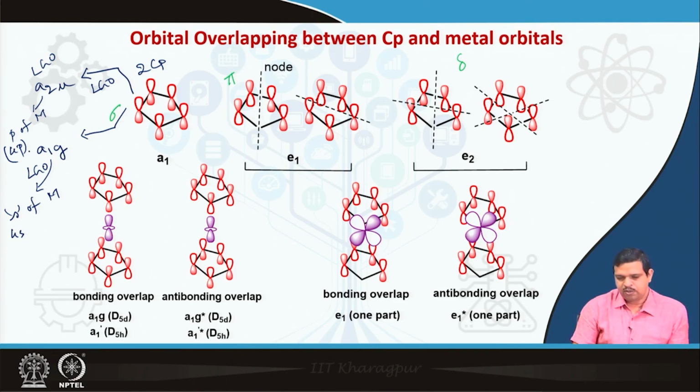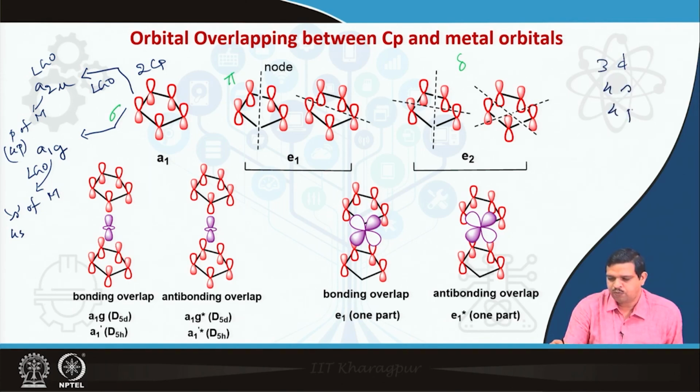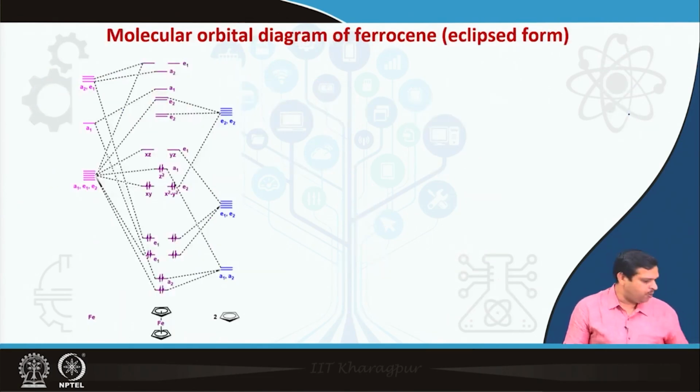So you will get the LGO orbitals, which now we have to match with the metal orbitals, d, s: 3d, 4s, 4p. You know that if you take the 3d transition metals, the 3d, 4s and 4p orbitals can interact with the LGOs resulting from the two Cp rings. This is the way you can now form the molecular orbitals.